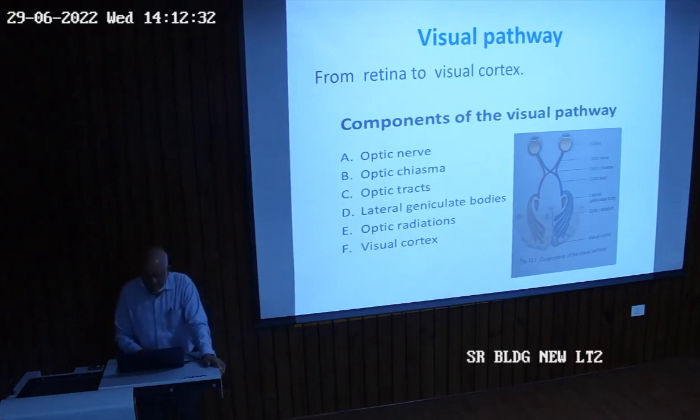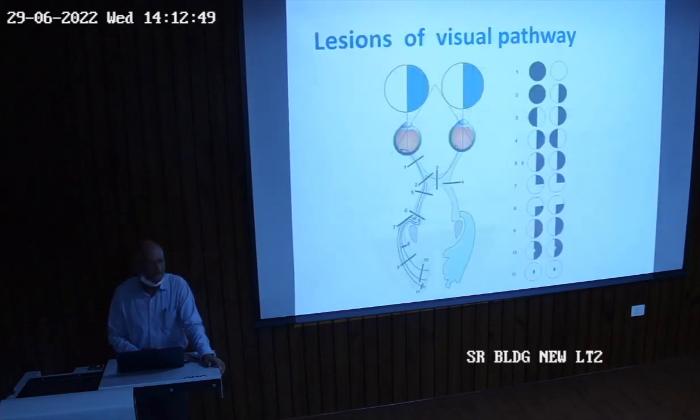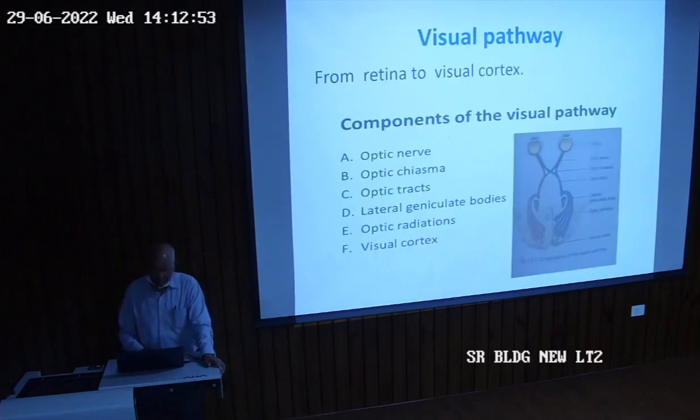The diagram shows here, this is the optic nerve. If you are seeing carefully, come. It is shown in two colors. One is the red color, another is the blue color. This is the meaning. This is the red color side.